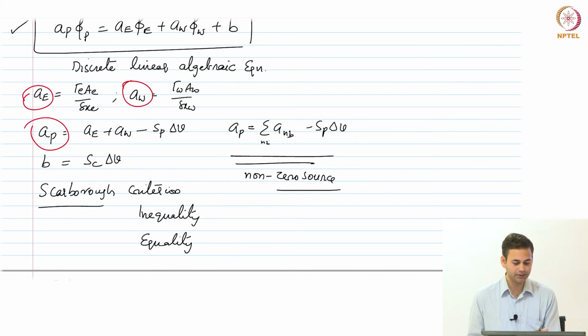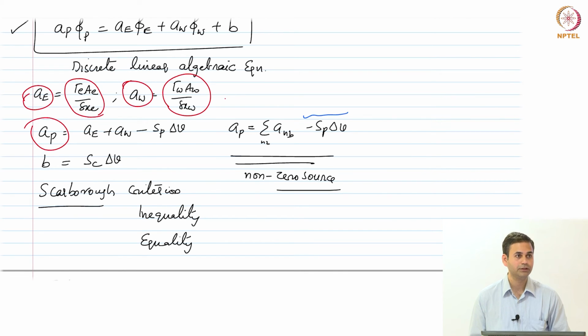It does satisfy because it is greater than its neighbors by the amount of this minus Sp delta V, if we have a non-zero source. Gamma e or gamma w, can the diffusion coefficients be negative? The physical properties won't be negative, like viscosity, thermal conductivity, these are never negative, they are always positive. Delta x and the area magnitude, these are always positive, okay, fine.